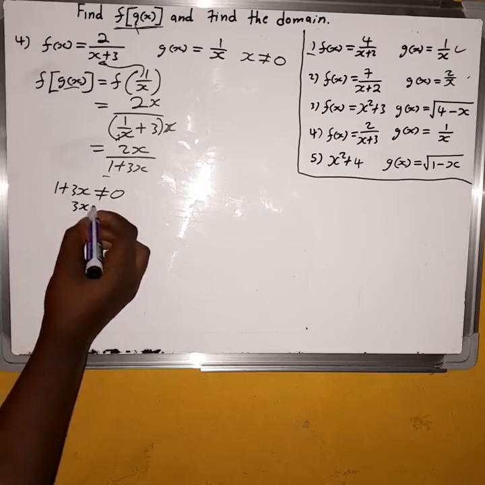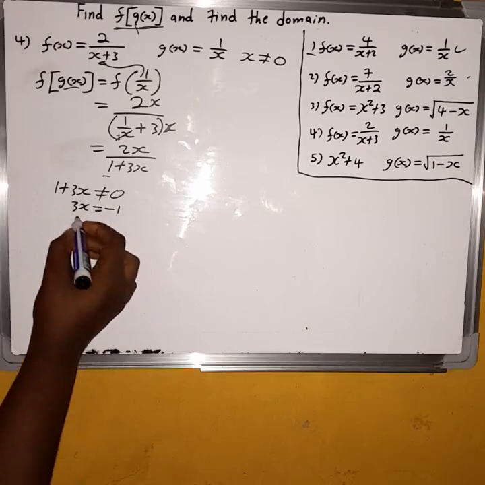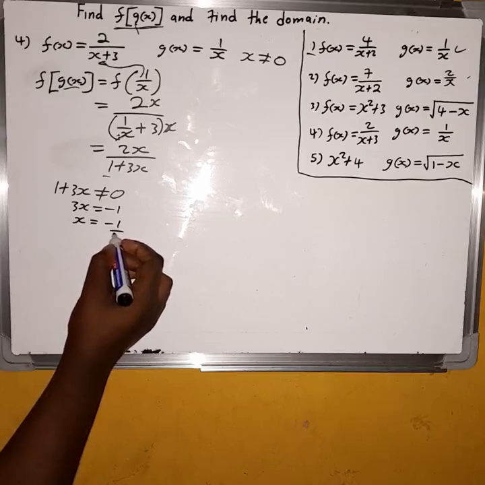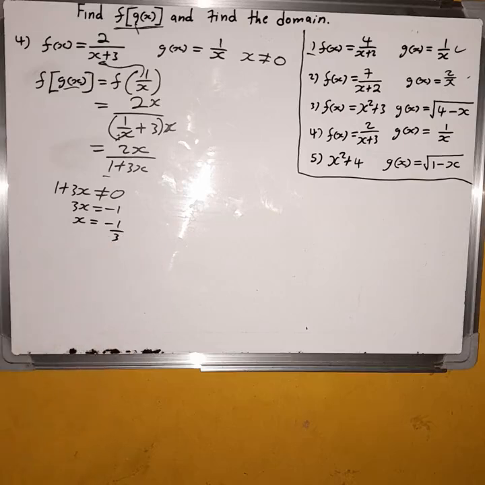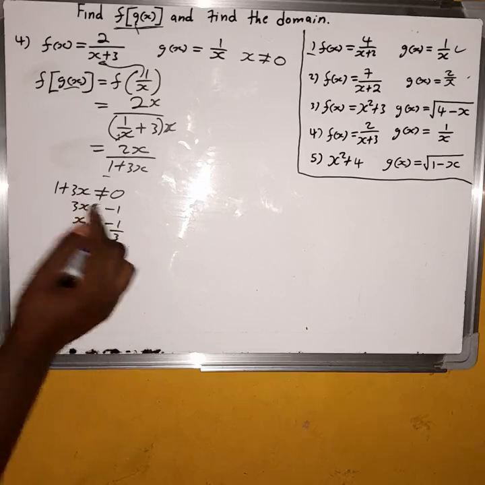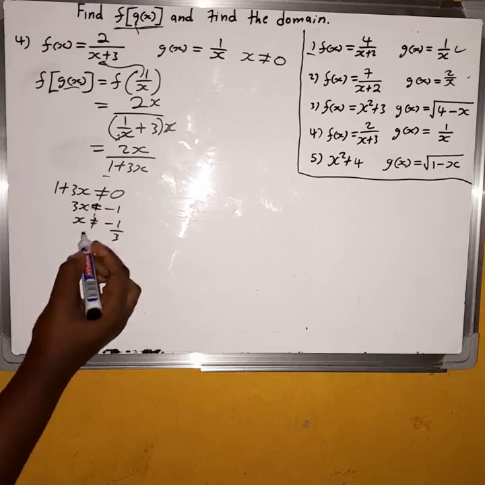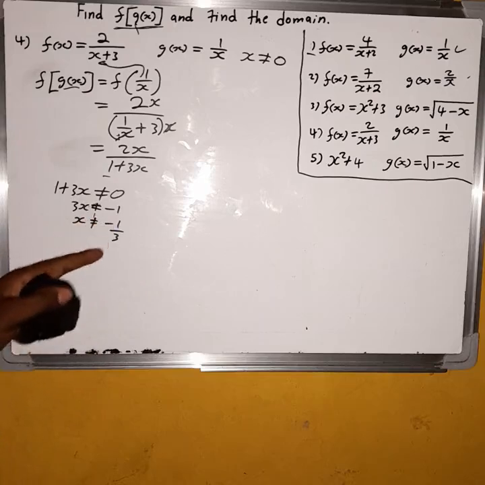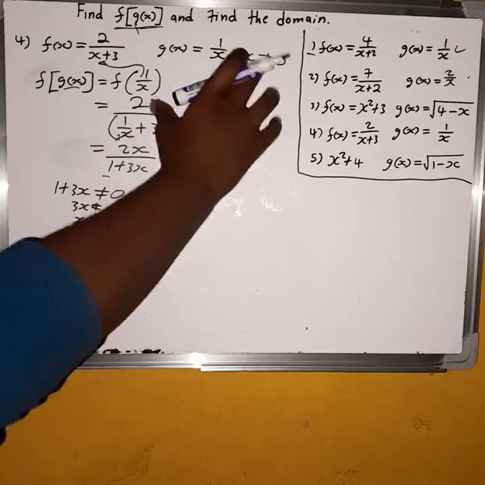Then 3x will be equal to minus 1, then x will be equal to minus 1 over 3 when we divide by 3. Then we restrict this. x is restricted to be negative 1 over 3.